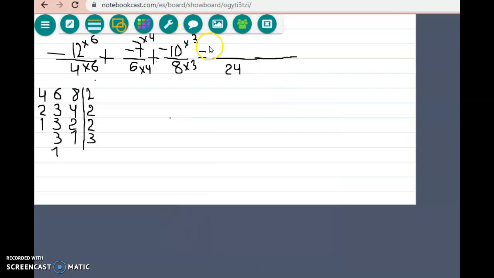So we have negative 72 plus negative 28 plus negative 30.